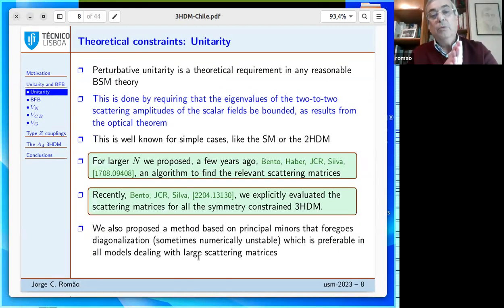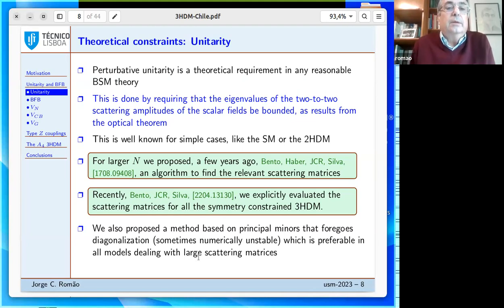Now, we have implemented many of these models numerically with numerical codes that will generate points in parameter space, and then we'll try to look at the observables that can be measured at the LHC to confront them. But to have a consistent model, we have to look first at what the theoretical constraints on the model are.